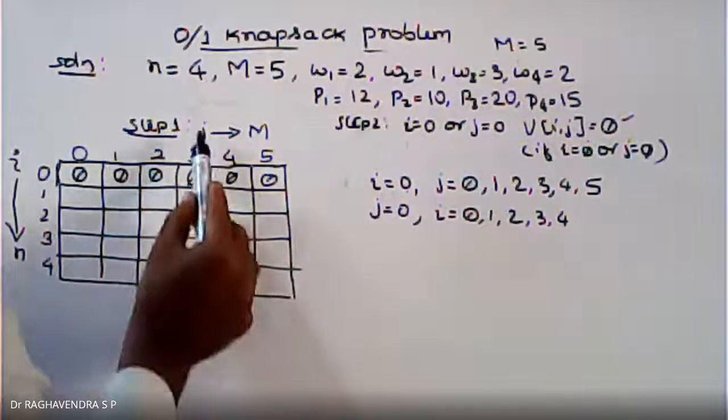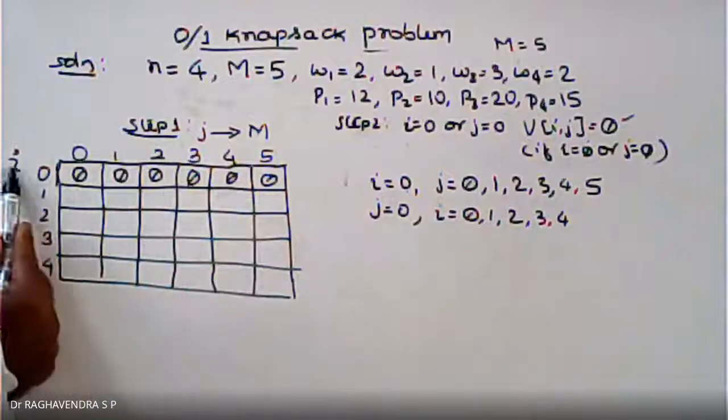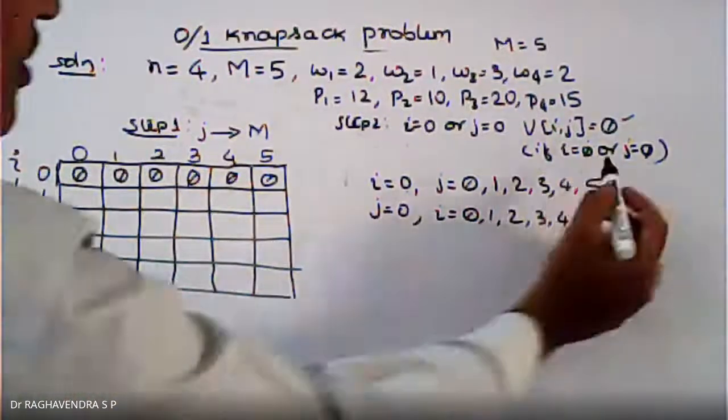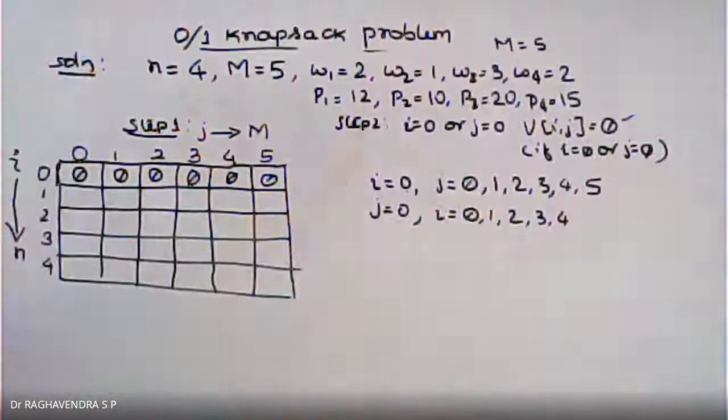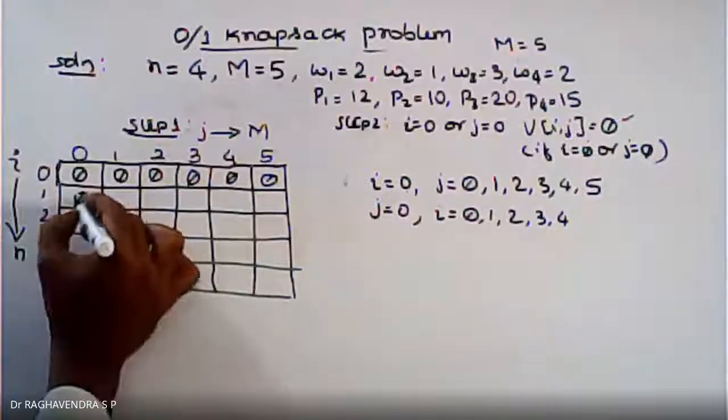When J is equals to 0, for I is equals to 0 and for I is equals to 1, 2, 3, 4, the profit V of I comma J becomes how much? 0.